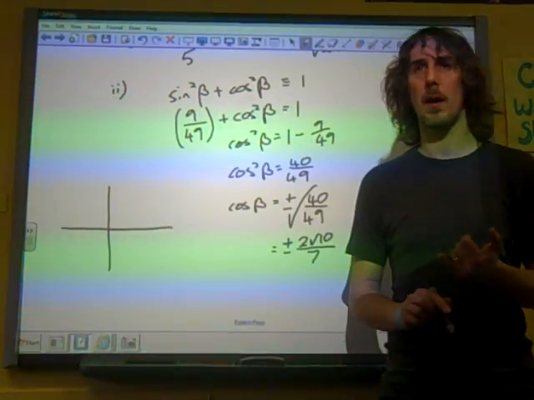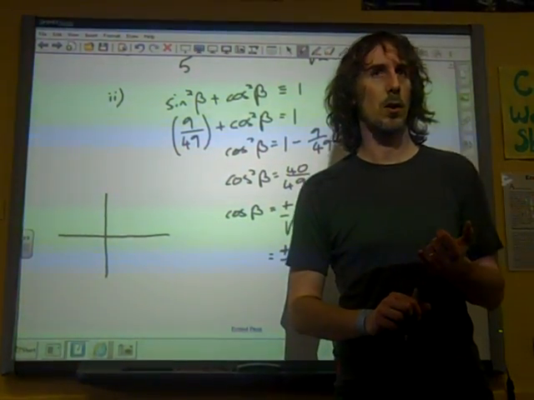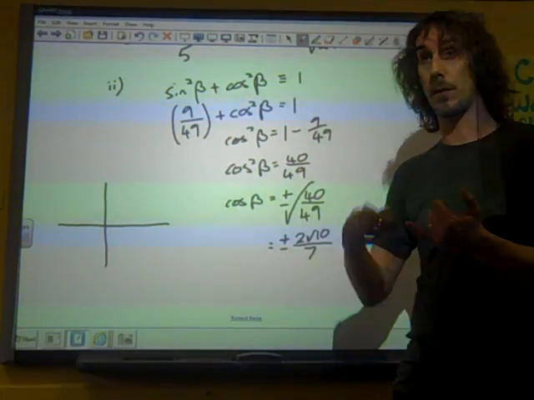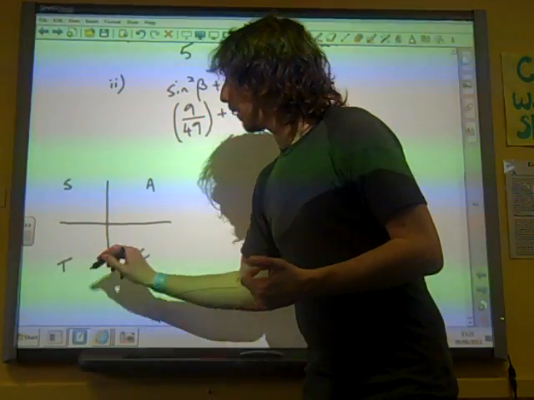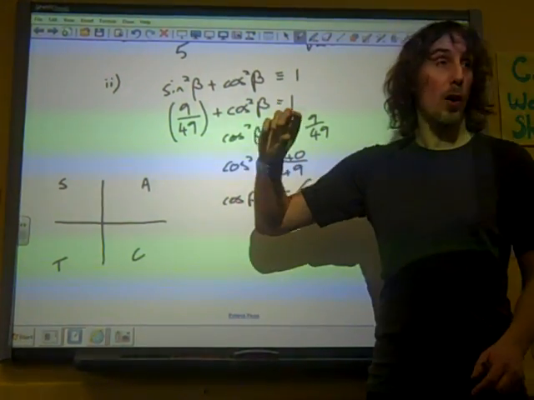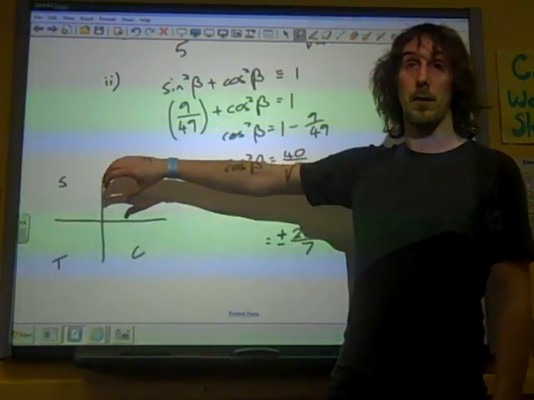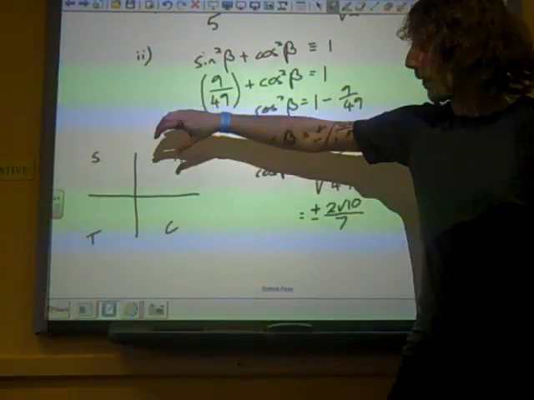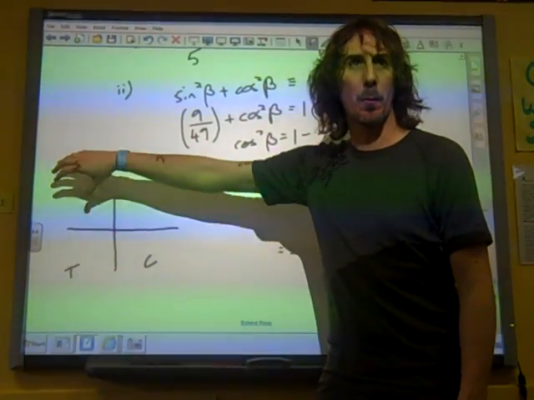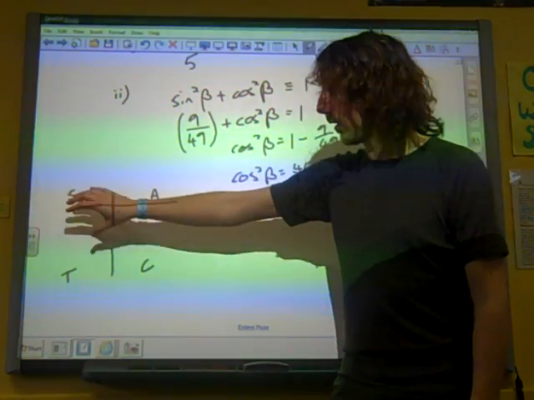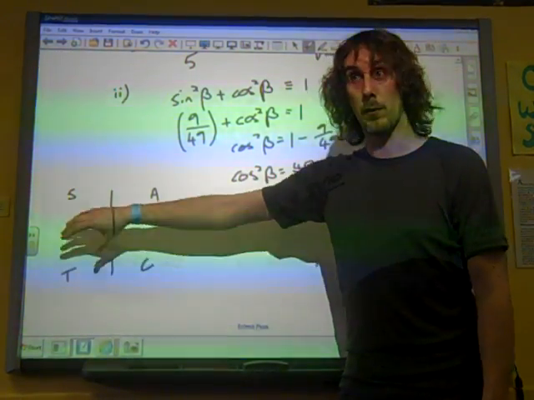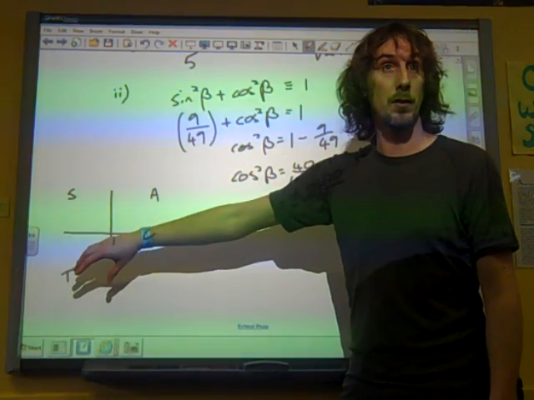Let's think about how cos behaves, and we could do it either with the graph or with the CAST diagram. If cos is an acute angle, it's positive. That's where we've got the obtuse angles, between 90 and 180. Around here we've got reflex angles, we haven't got obtuse angles anymore.